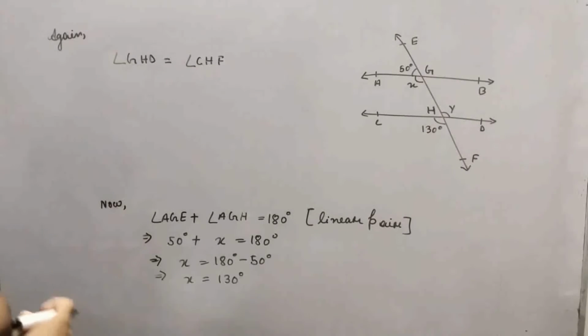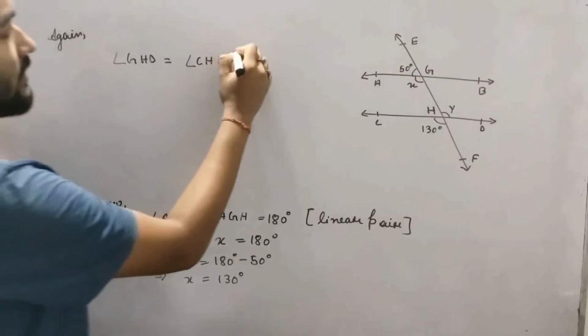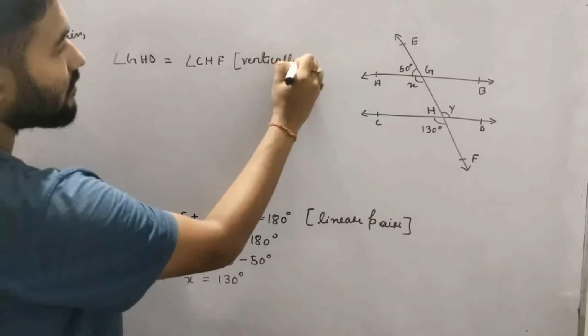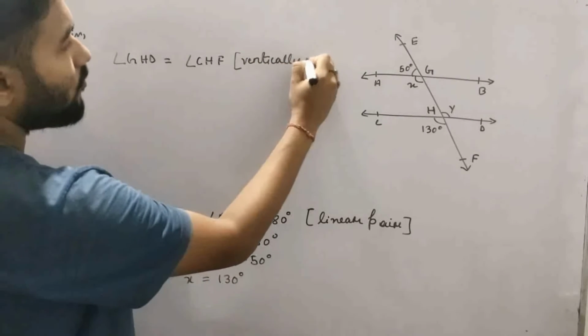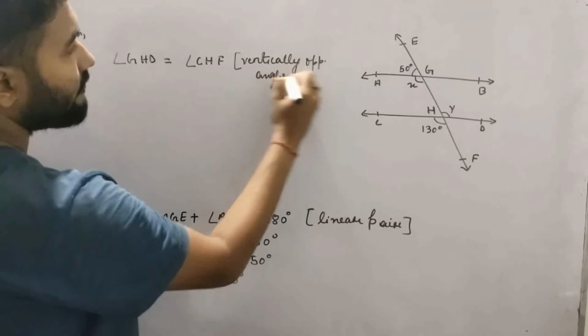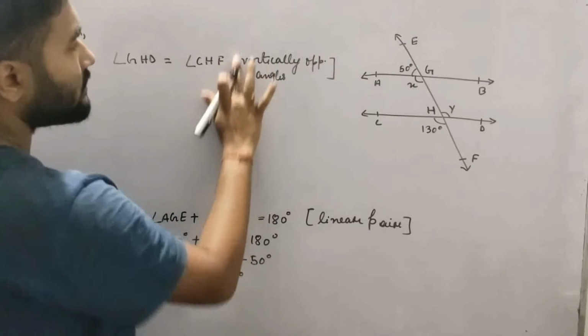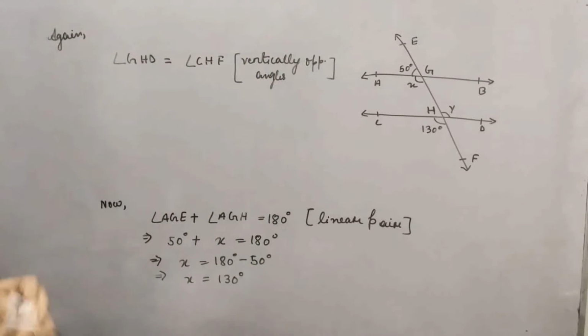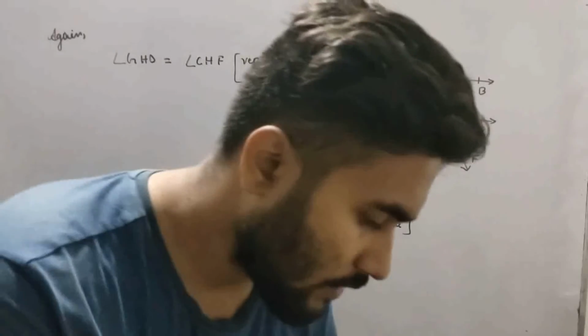GHD will be equal to angle CHF. Reason: vertically opposite angles, okay? So now put the value.